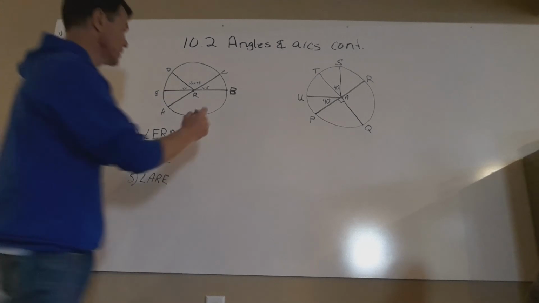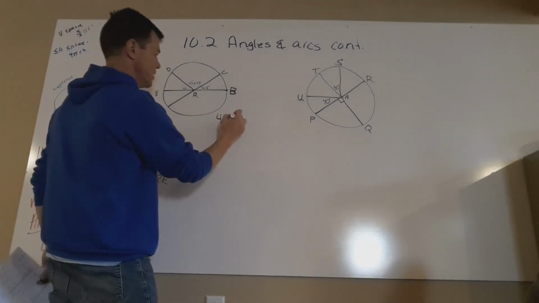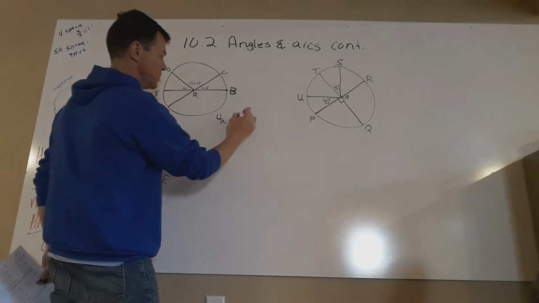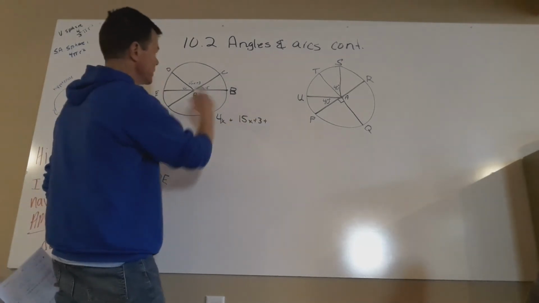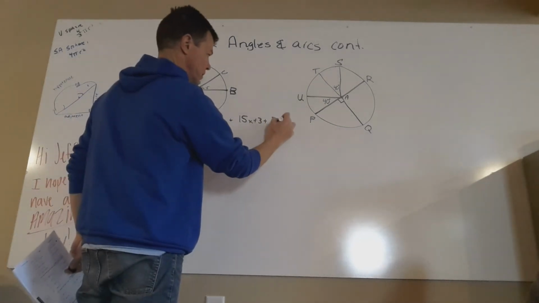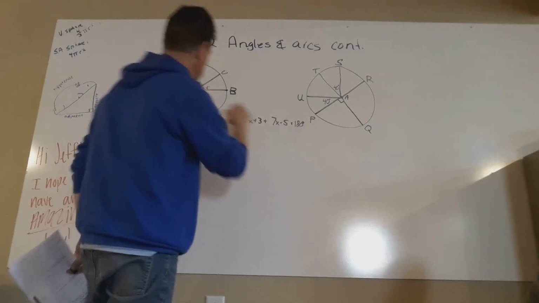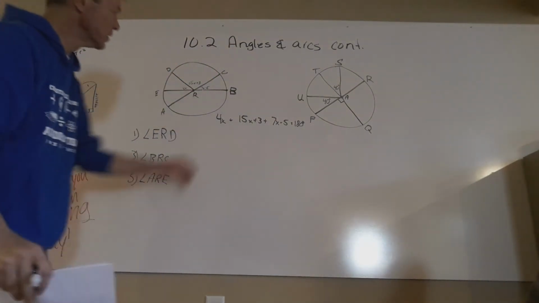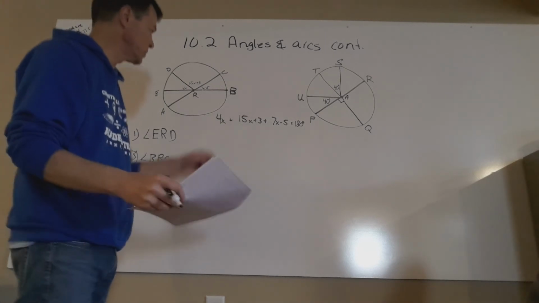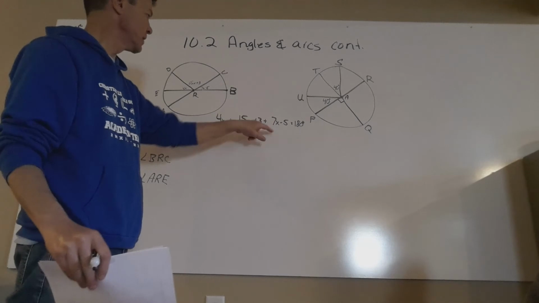We can solve for x. All right, so 4x plus 15x plus 3 plus 7x minus 5. That's 180 degrees. Those are the 3 angles. They would add up to 180 degrees because it's a straight line. So then just combine your like terms: 4x, 15x, and 7x.